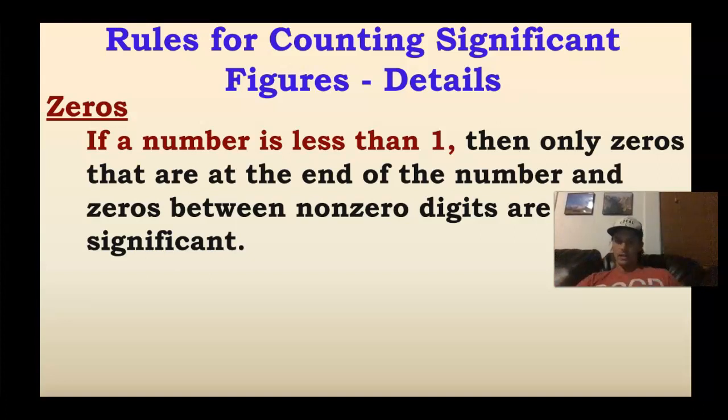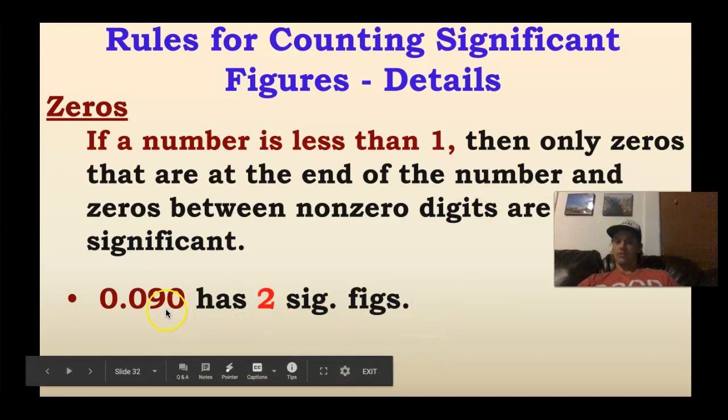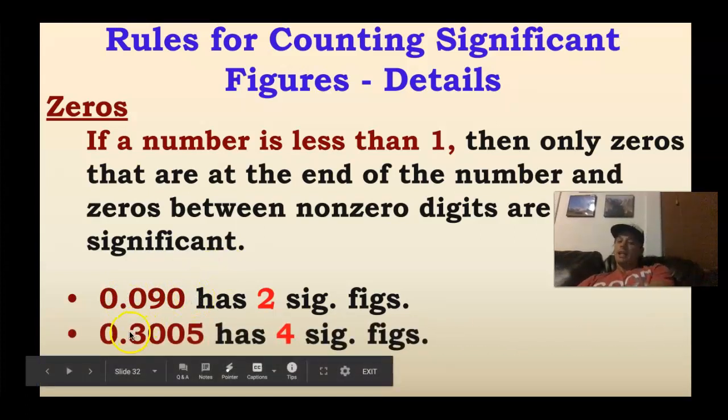We already said that. So let's look. 0.090 has 2 sig figs because leading zeros aren't significant. Zeros after a decimal, if they're trailing, are. Leading zeros, not significant. Captive zeros are, so 1, 2, 3, 4 sig figs.